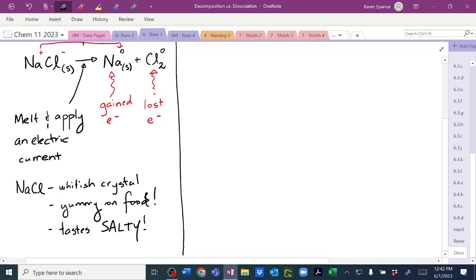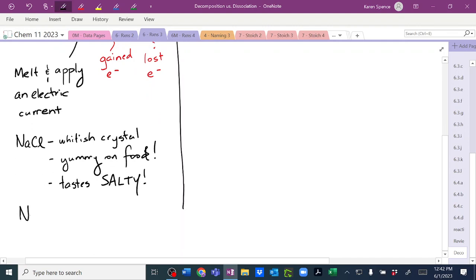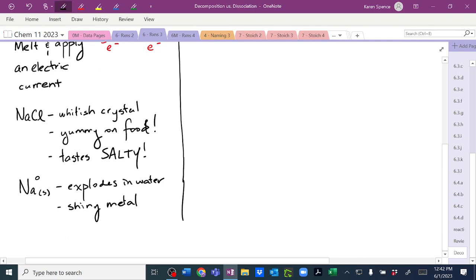Yes? So do you see how we are making things with vastly different properties? Okay, so sodium with a 0 charge, solid, explodes in water, and it's a shiny metal. Chlorine gas is a toxic gas.